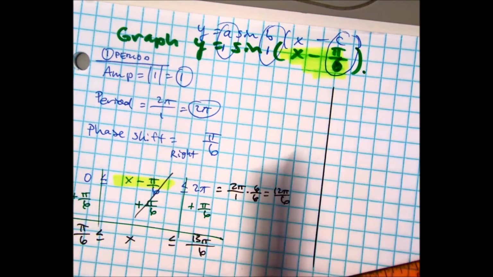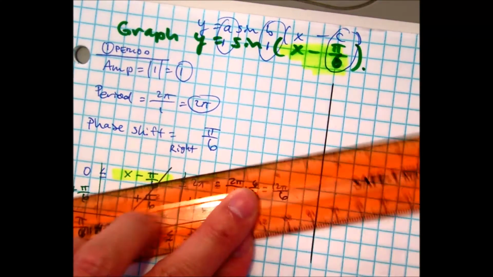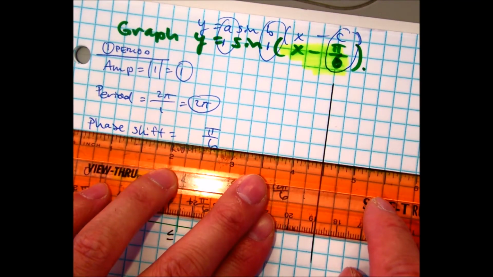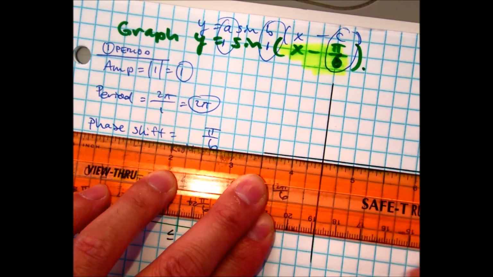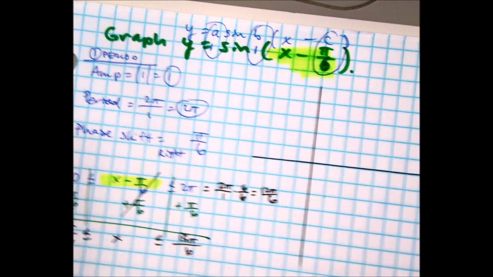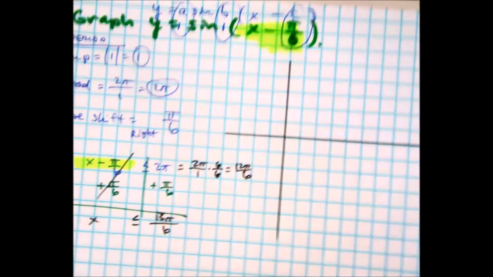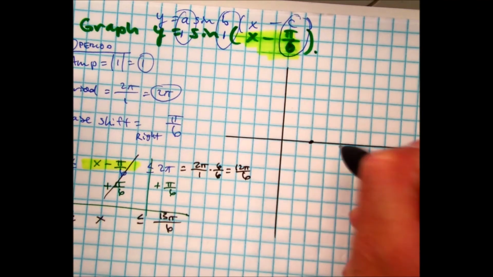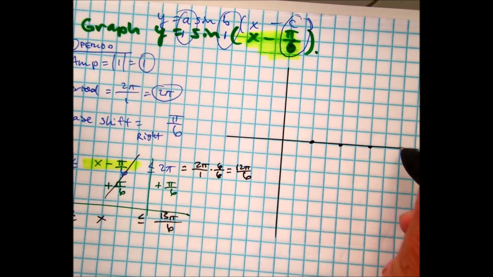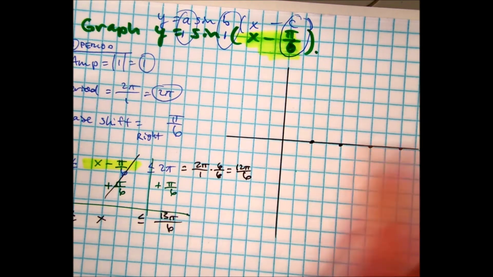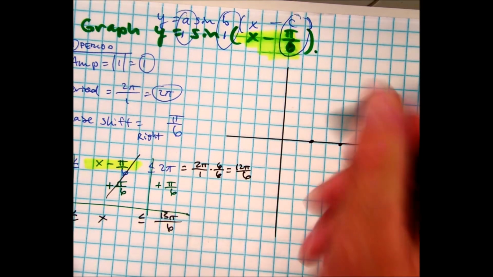Now, because I have a phase shift to the right, your points are actually to the right. We're going to count to 5 together. Ready, set, go. 1, 2, 3, 4, 5. So this represents pi over 6.